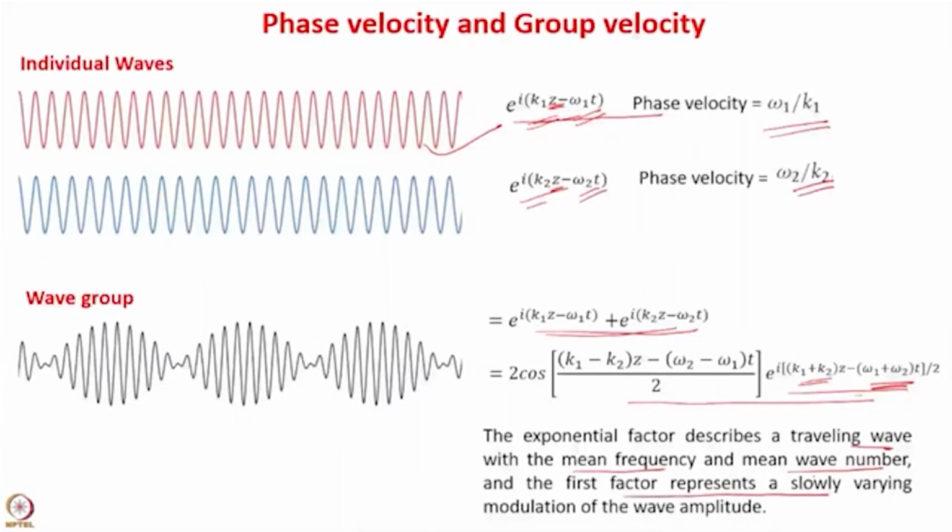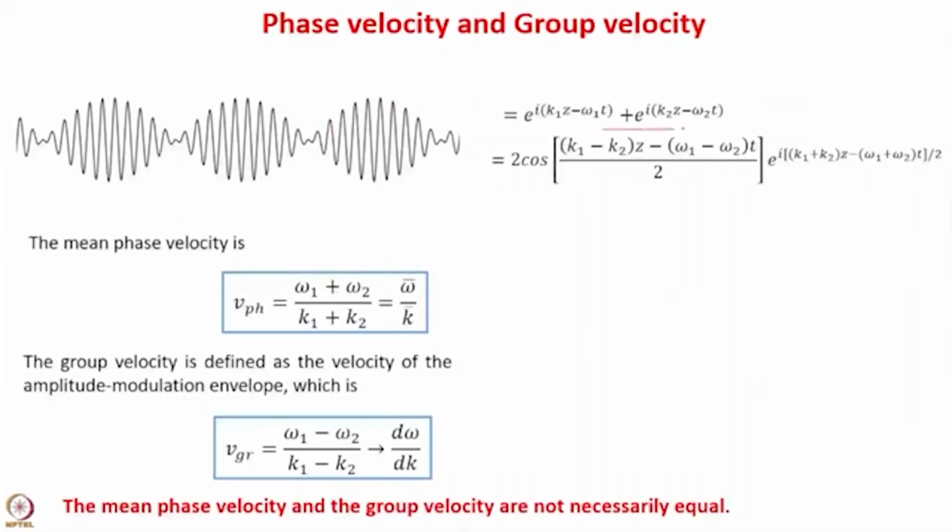The first factor represents a slowly varying modulation of the wave amplitude. So the wave amplitude is now modulated. This is how the resultant wave looks, and it is again propagating in the z direction. It is now propagating as a wave group. This is the addition of the two waves and this is what we get.